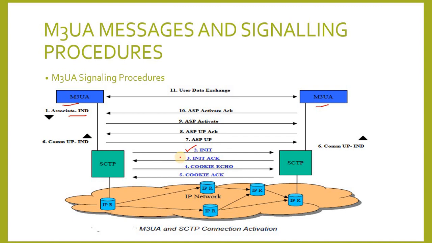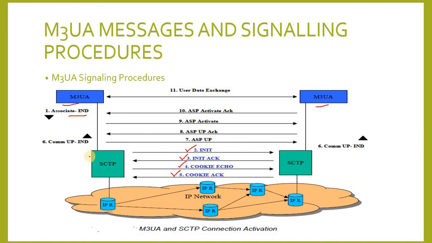The receiving SCTP entity then responds with an INIT ACK chunk. 4. The initiating SCTP entity then forwards a cookie echo chunk. The information transferred is described in the figure. 5. Then the receiving SCTP entity responds with a cookie ACK chunk. This chunk is always used to acknowledge a cookie echo once it is received. 6.